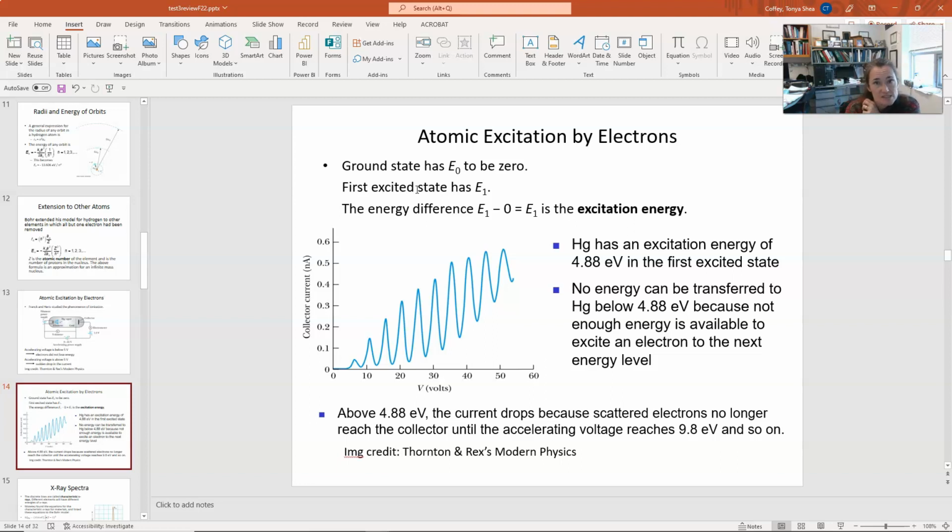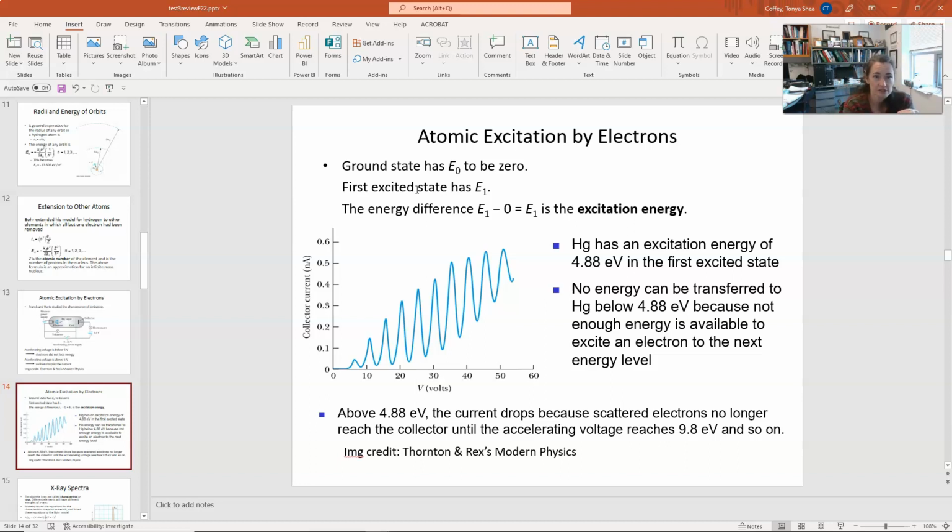So what you would see is that the electrons would go through, they would collide with a mercury atom. It would be an inelastic collision so that the kinetic energy of the incident electron was transferred to the mercury atom. The mercury atom would use that energy to excite one of its outer shell electrons to a higher energy level, okay? That would cause the incident electron to lose its kinetic energy.